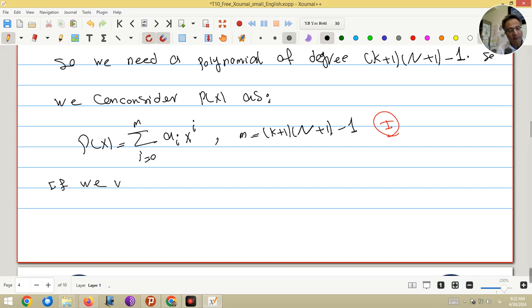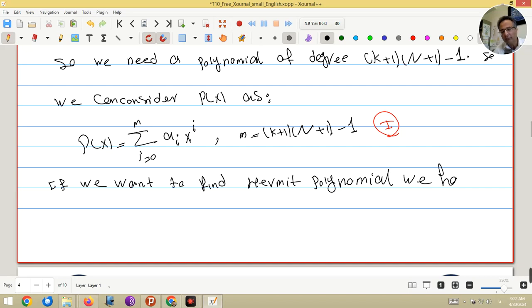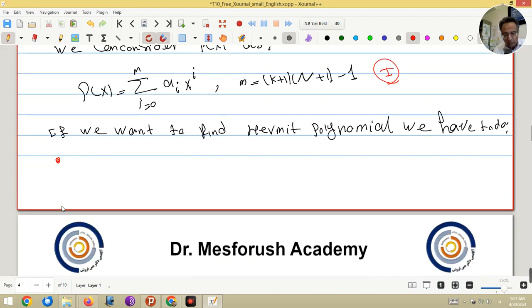If we want to find the Hermite polynomial, we have to first construct a polynomial like 1.